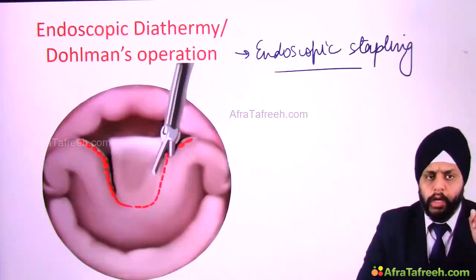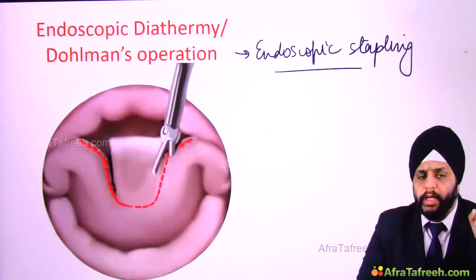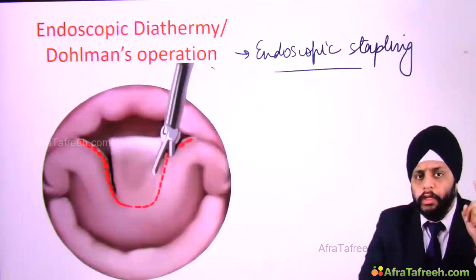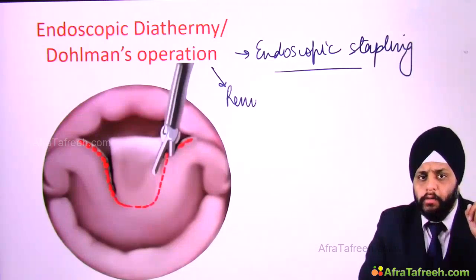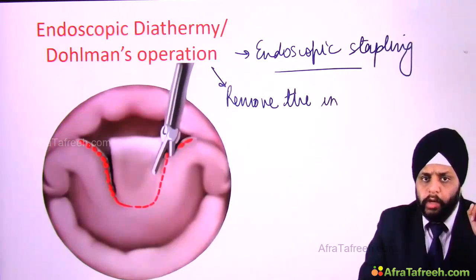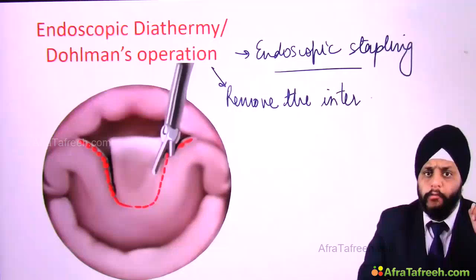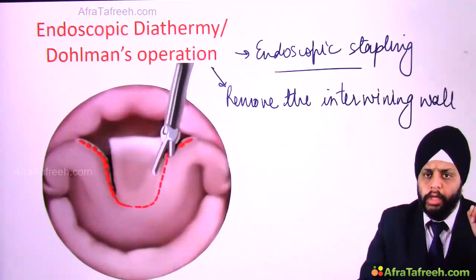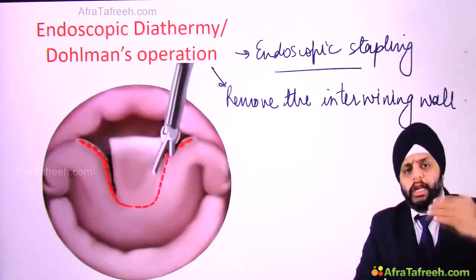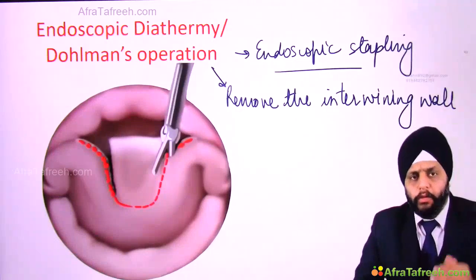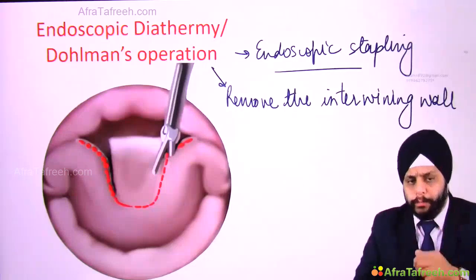Now remember, what is the principle of Dolman's operation? The principle is that you have to remove the intervening wall. That is very, very important. You have to remove the intervening wall between the pouch and the esophagus, so that you can do with diathermy or you can do with stapling.